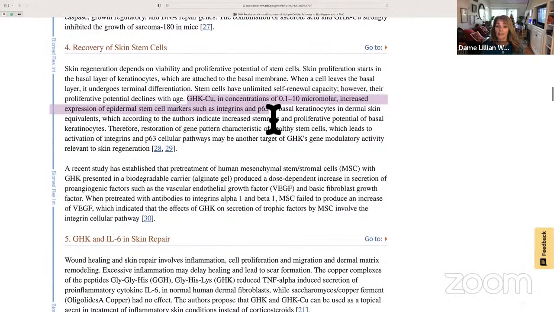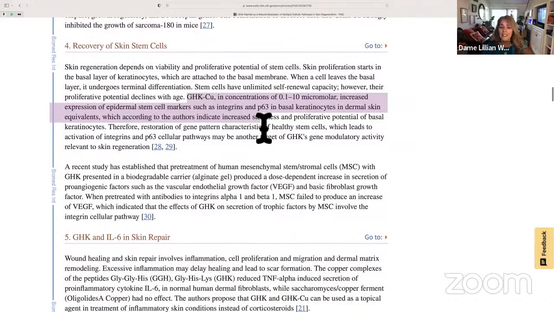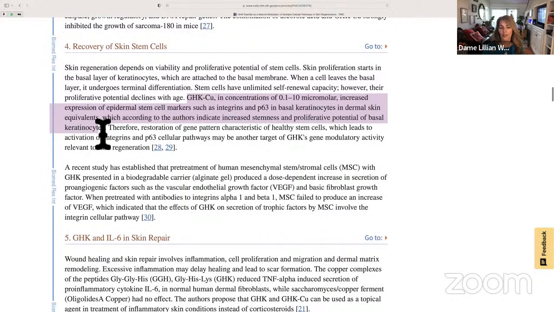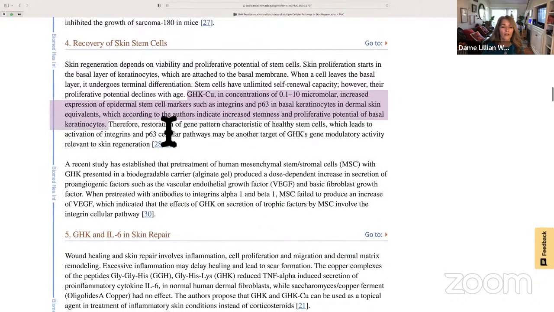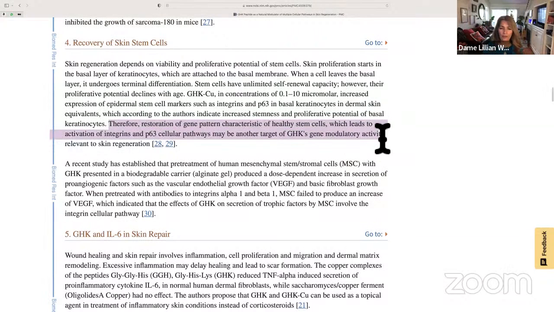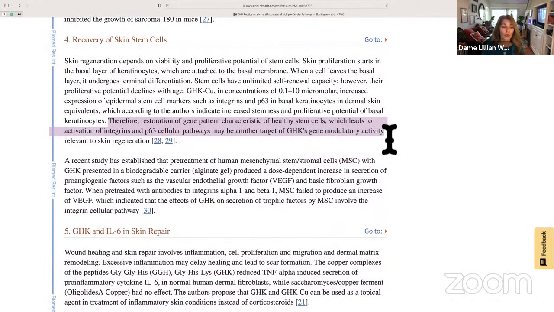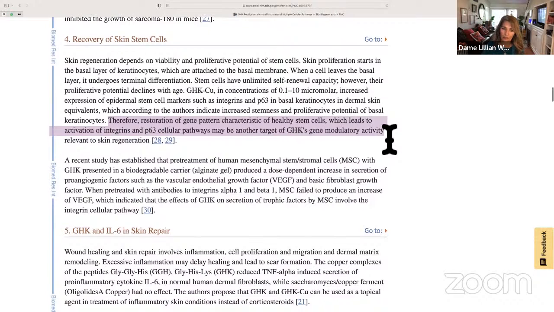Interesting, because with our stem cell activation patches, we actually measure this P63 protein, which according to the authors indicates increased stemness and proliferative potential of basal keratinocytes. So it says, therefore, the restoration of gene pattern characteristics of healthy stem cells, which leads to the activation of integrins and P63 cellular pathways, may be another target for GHK's gene modulatory activity relevant to skin regeneration.